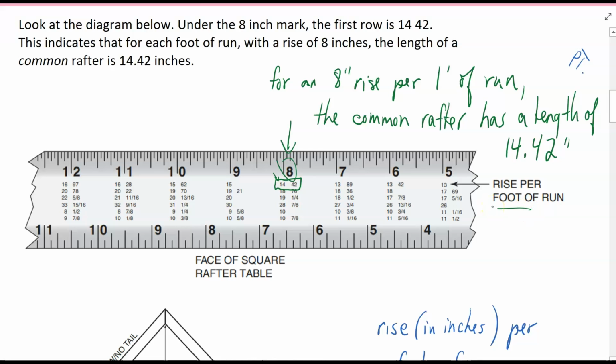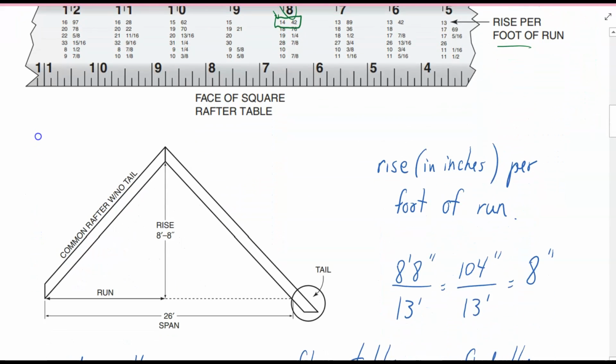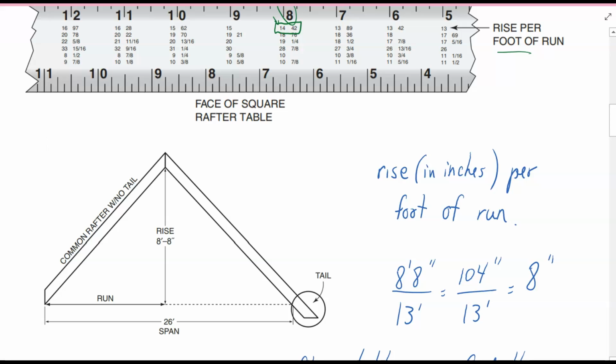Okay, so just to explain what a common rafter looks like, here is a diagram showing a common rafter from there to there. So the hypotenuse that you've been talking about with the Pythagorean theorem. And the rise and the run are at right angles to each other. And as you can see here in this particular diagram, the run is half of the span.